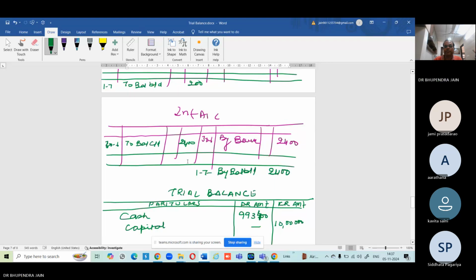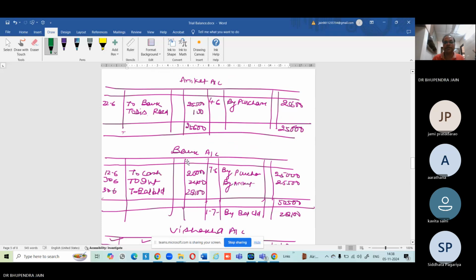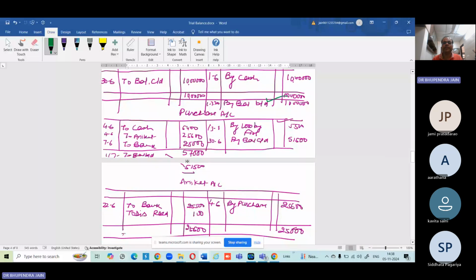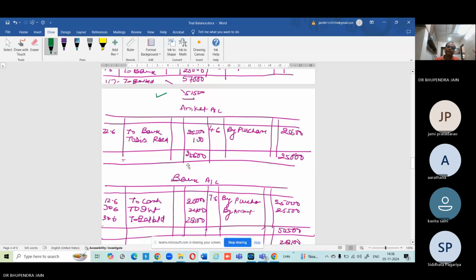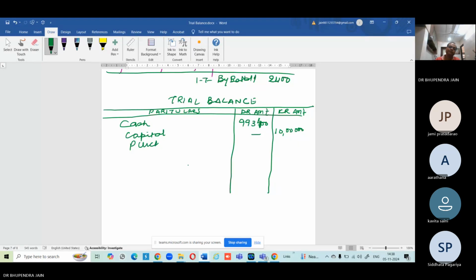First step, prepare the journal, then prepare the ledger, then balancing of accounts, and then transfer all the closing balances to the trial balance. So now next is the purchase account, and the balance b/d is 51,500. So write it down in the debit side: purchase 51,500.